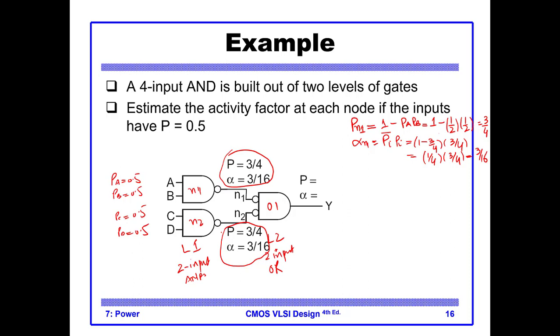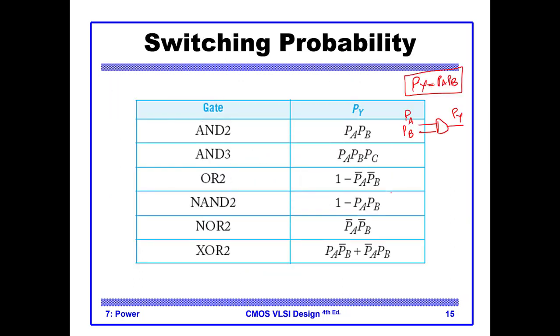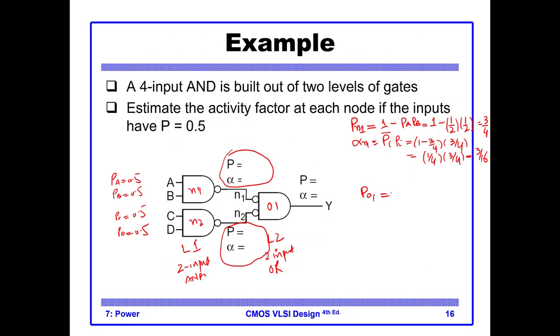Let's come to OR1, which is probability of O1. This is an OR gate, and for an OR gate we have 1 minus Pa bar Pb bar.